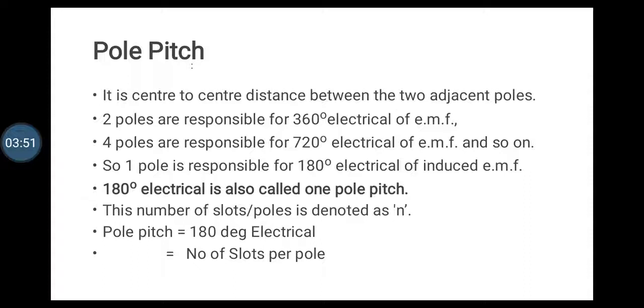So here the pole pitch is nothing but the number of slots in one pole. That means the 9 slots are responsible for one pole pitch, or simply we can call it 180 degrees electrical. So this means 9 slots are responsible for producing the phase difference of 180 degrees between the EMF induced in the different conductors.